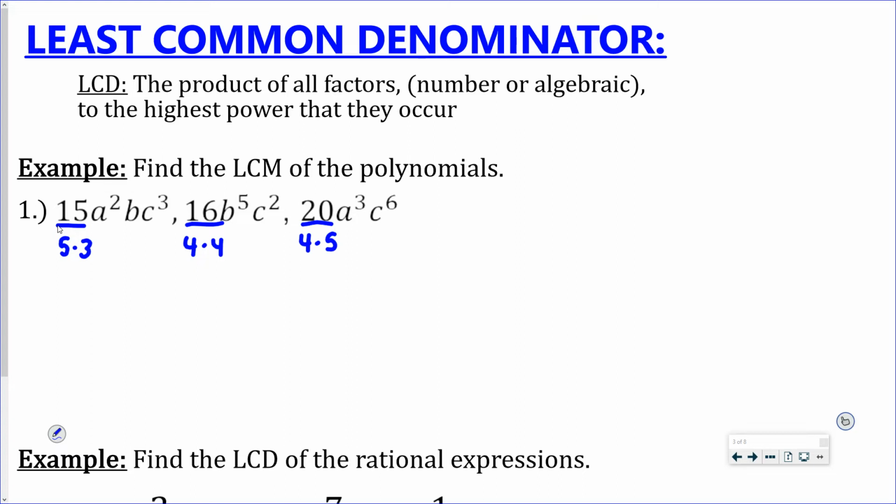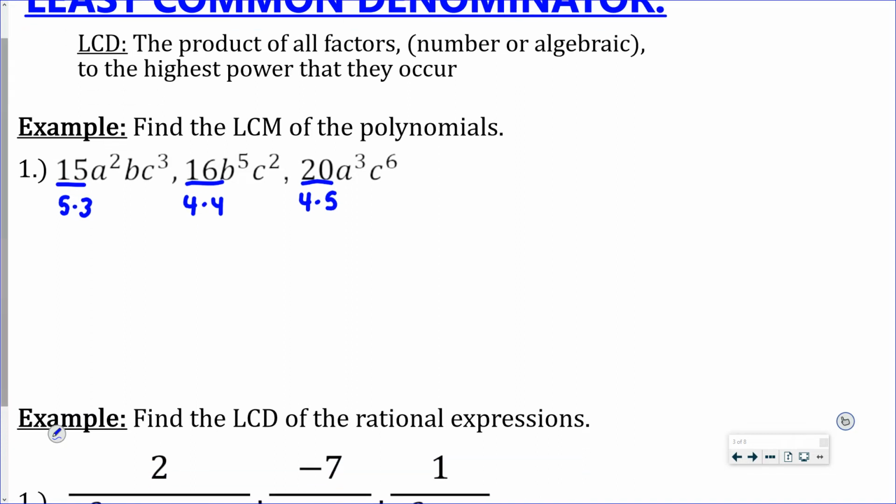All right. So I see here that 15 contains a factor of 5, right? So that means my LCM has to contain a factor of 5. So I cross that off: okay, that is represented in my LCM. You can't take factors away.